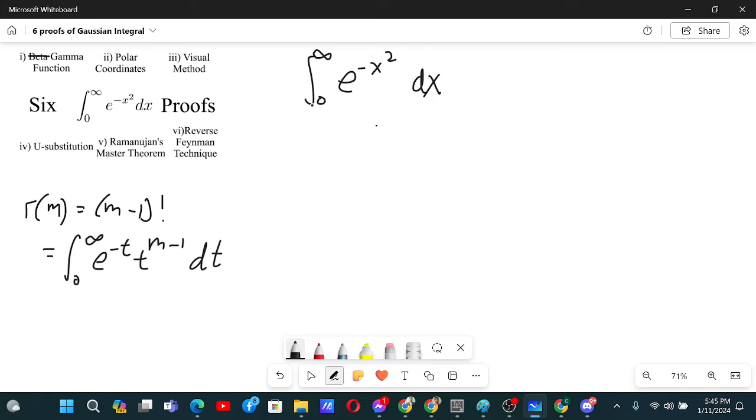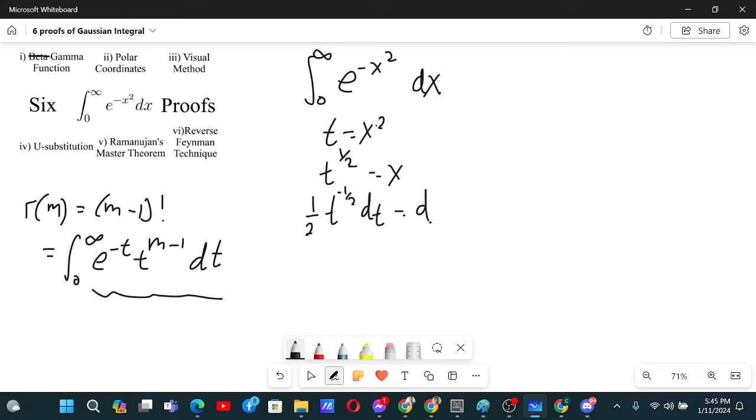Now if we know this, we can solve this integral. So first of all, we will try to bring this to this form. Here we need minus t only, so let's substitute t equals x squared. That gives us t to the power half equals x, which gives us half t to the power minus half dt as dx.